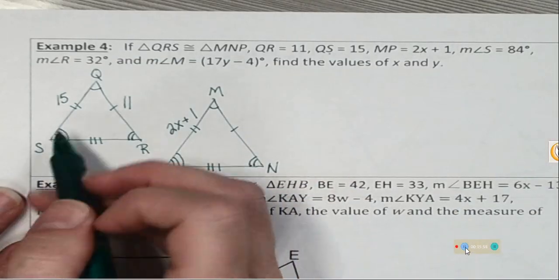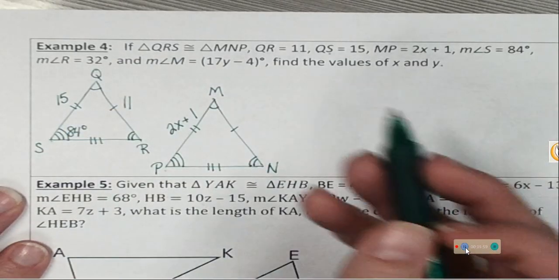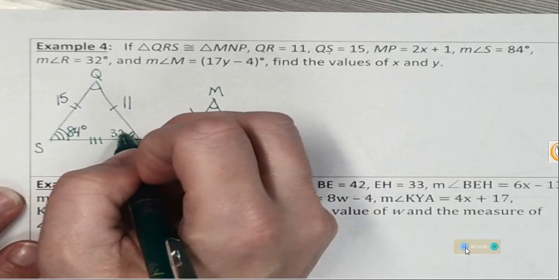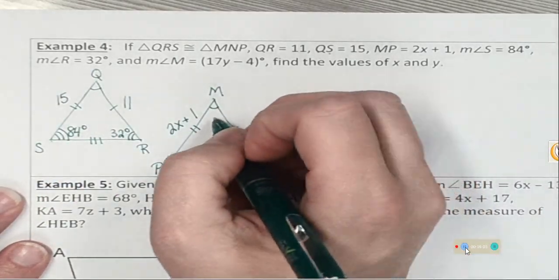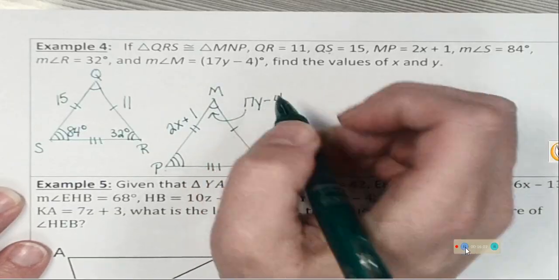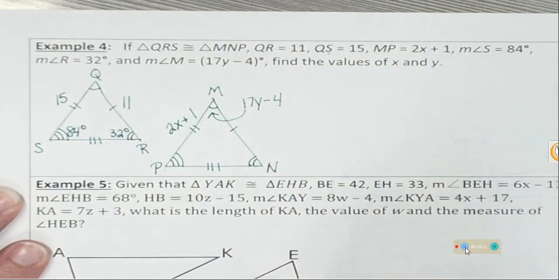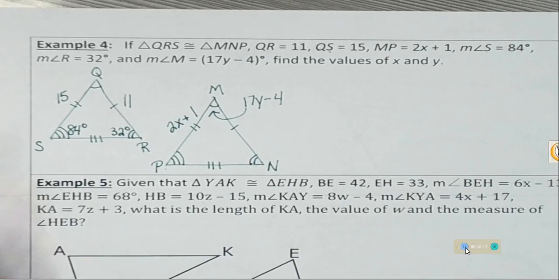Angle S is 84 degrees. Angle R is 32 degrees. And angle M is 17y minus 4. Now let me fix my 17. It looks a little too close together. I have marked everything I was given.